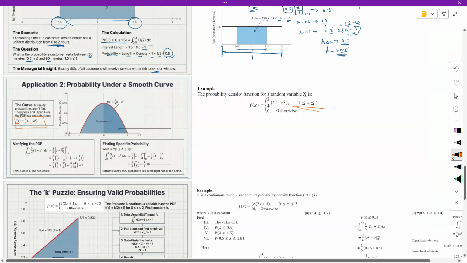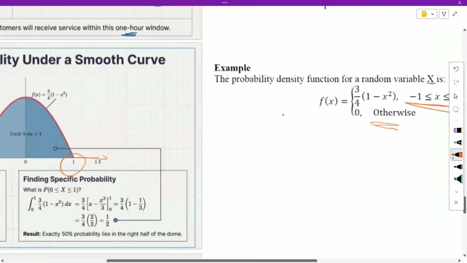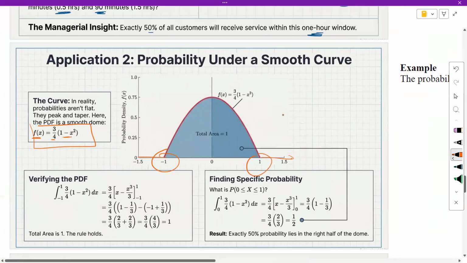Beyond that, it is 0, otherwise 0. So the probability density function here has the top 3 over 4, and 1 minus x square.